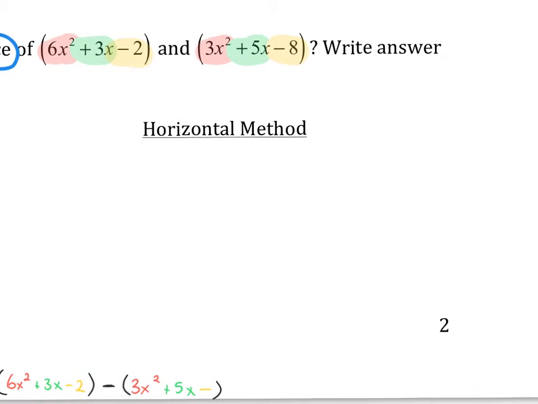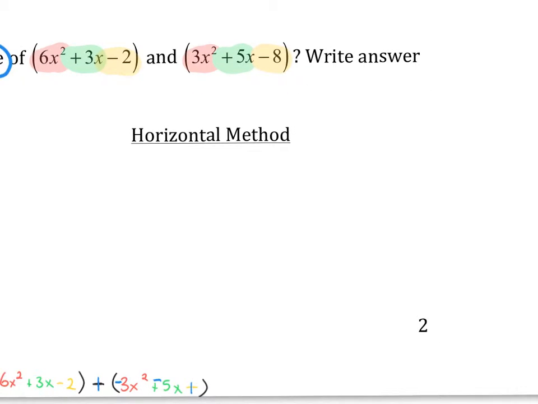Now, because the negative is outside, we have to distribute it only to the right. Only to the right. So, in distributing to the right, this becomes positive. The 3x squared becomes negative. The 5x becomes negative. And I forgot my last term there. The 8 becomes positive.